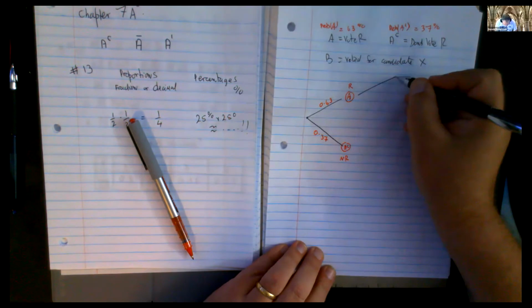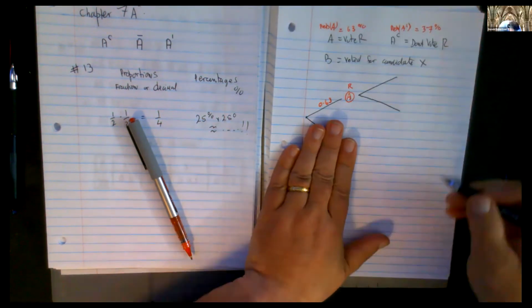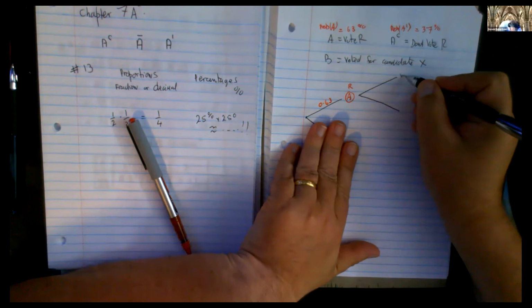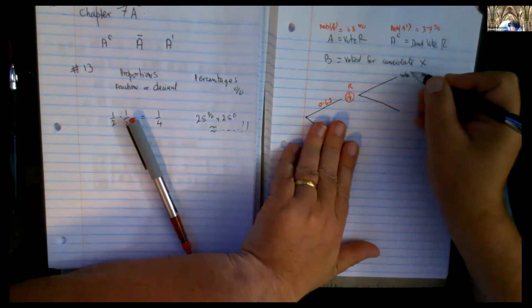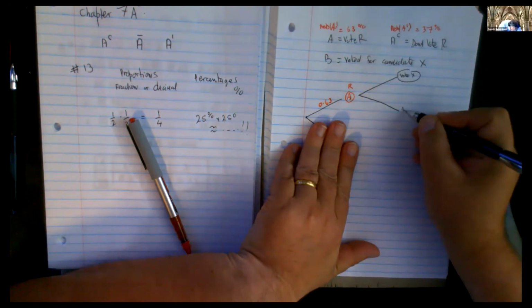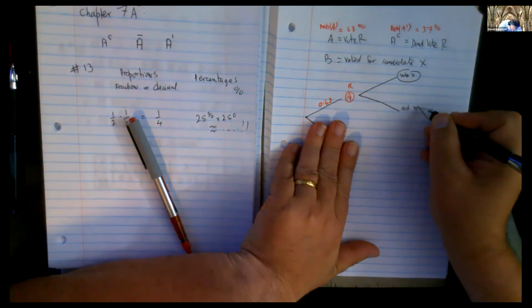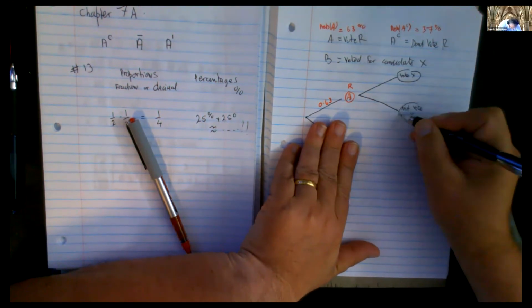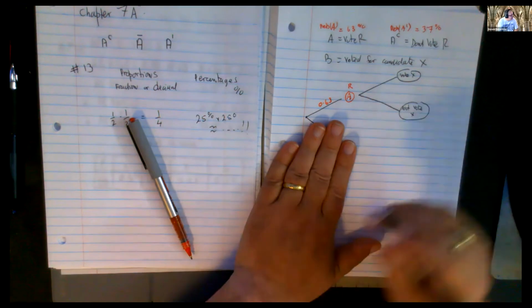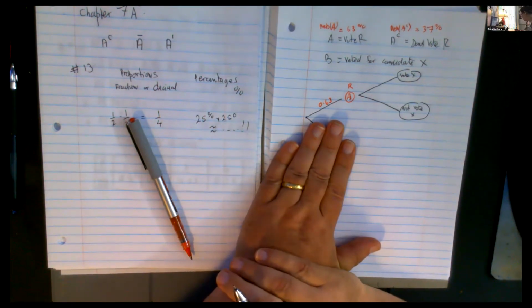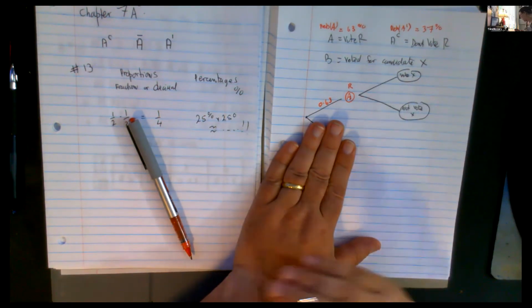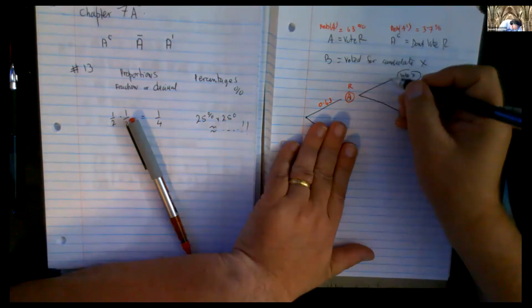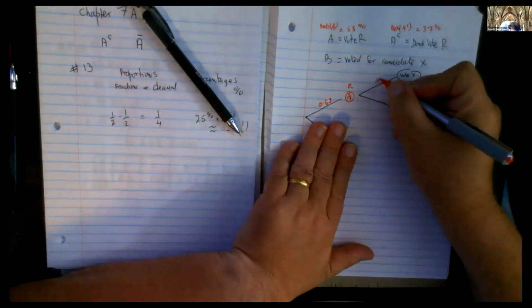Right, now it gets a bit messy. We're going to look at just Republicans. And Republicans either can vote for candidate X or not vote for candidate X, right? That's their choices. And when I read the story, of the Republicans, 70% voted for him. So 70% goes here.